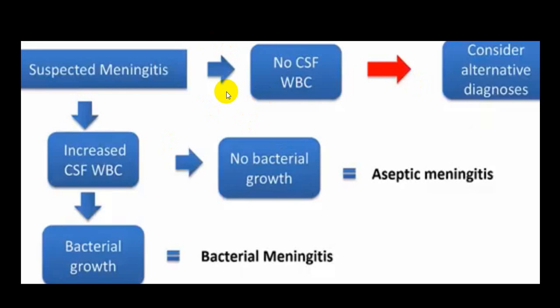We have already mentioned that any person who comes to you with a suspected meningitis, when you do a lumbar puncture, if lumbar puncture shows almost absence of WBC, you think of other groups like encephalopathy or maybe drug induced, etc. While if you detect WBC in CSF and you put it for a culture, if there is no bacterial growth, we'll put them into aseptic meningitis, and if there is a bacterial growth, it will be bacterial meningitis.